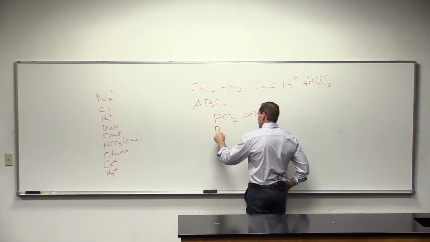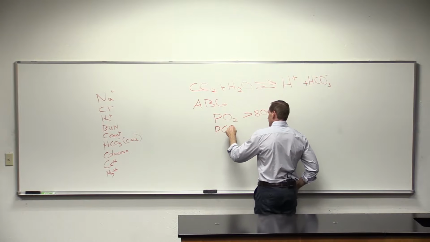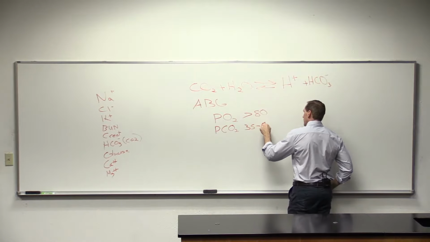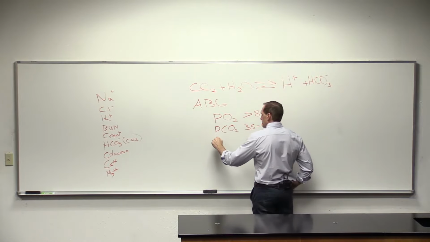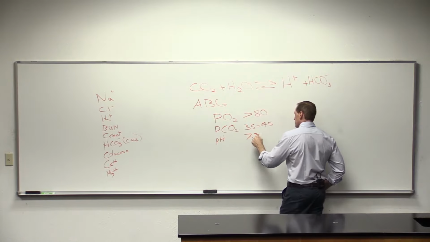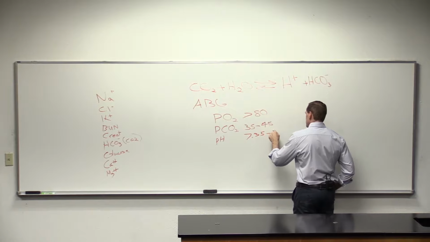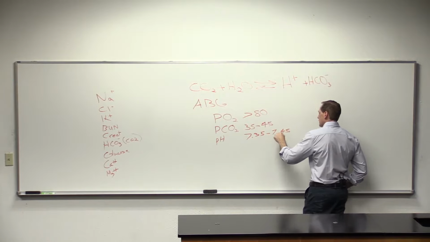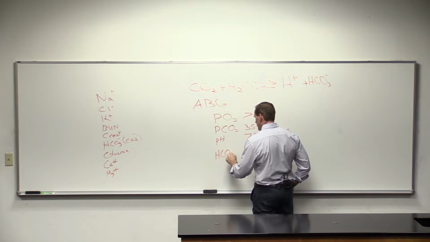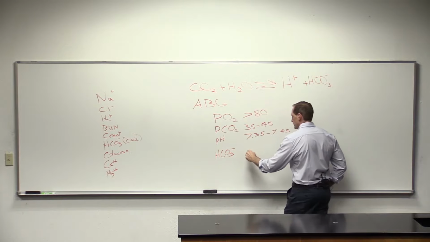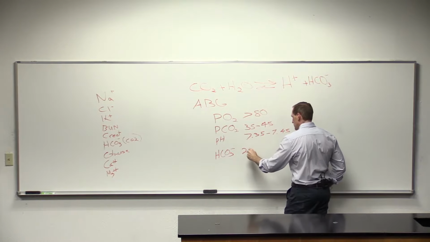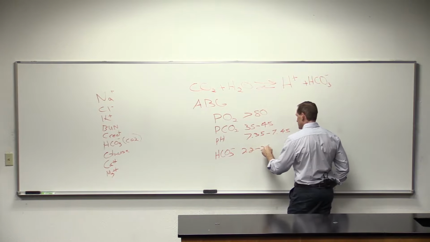The pressure of carbon dioxide is going to be 35 to 45. pH is going to be 7.35 to 7.45. And then your bicarb level, and now it really is bicarb, is going to be 22 to 26.